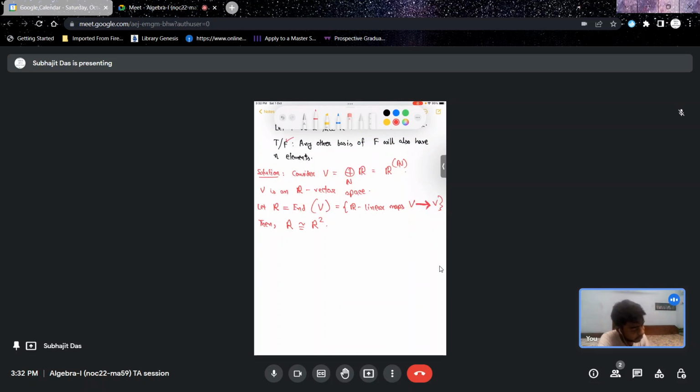Indeed, the idea for checking this is that R square is R direct sum R. So you can check that R square, which is R direct sum R, is just Hom, that is, all R linear maps from V to V direct sum V.